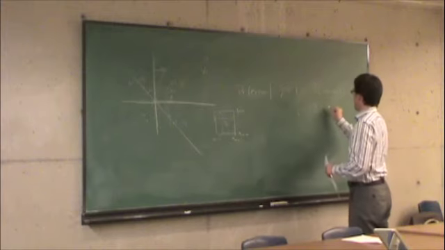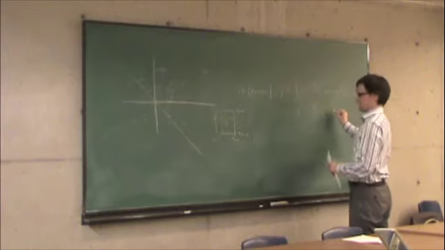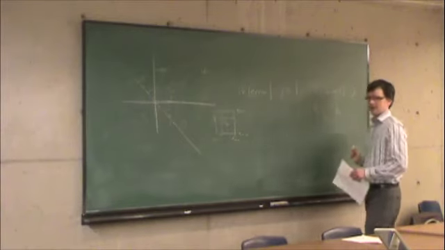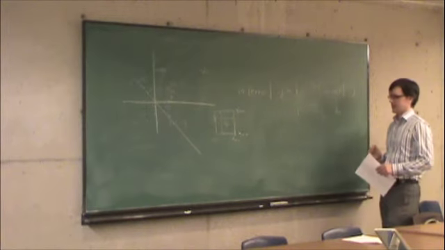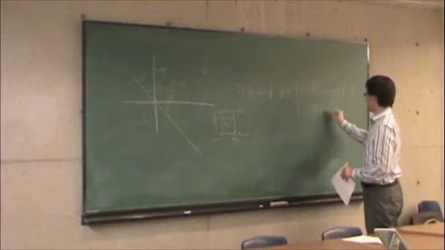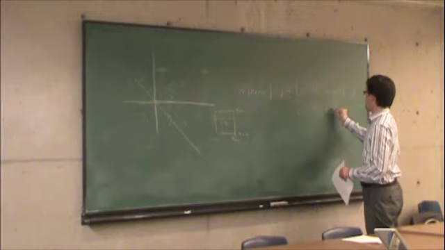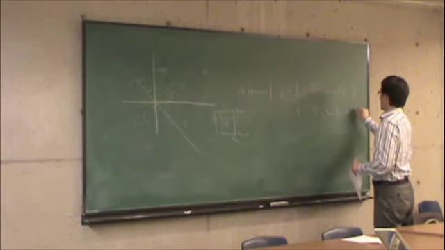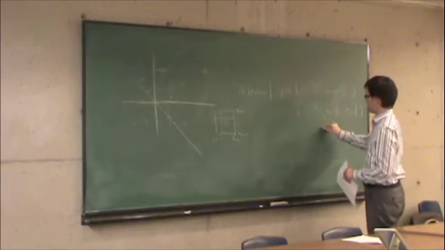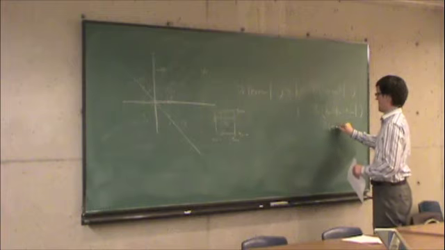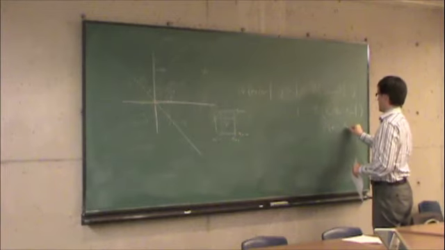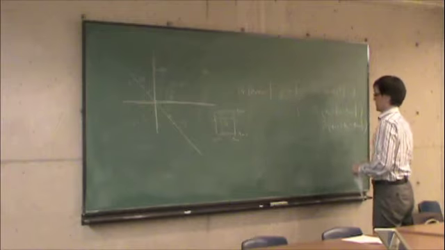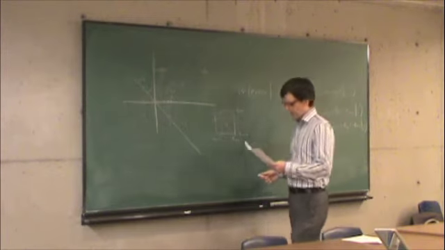So remember phi X was my filter output in the X direction. So that's X min less than phi X less than X max, given I was sent, times the probability that Y min less than or equal to phi Y less than or equal to Y max, given that I was sent.